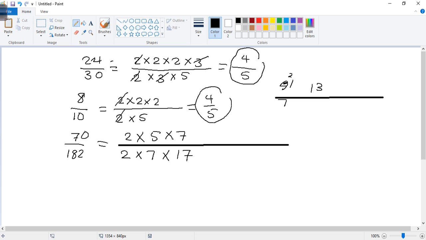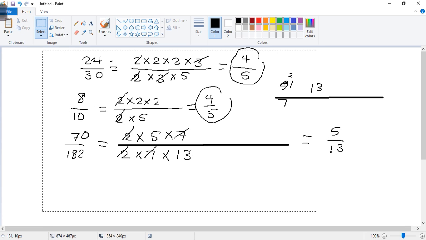So it's not 17, it is 13. So 91 is 7 times 13. The 2 cancels 2, 7 cancels 7, and 70 over 182, the answer is 5 over 13. That is how it works. We have another question, more questions to do.